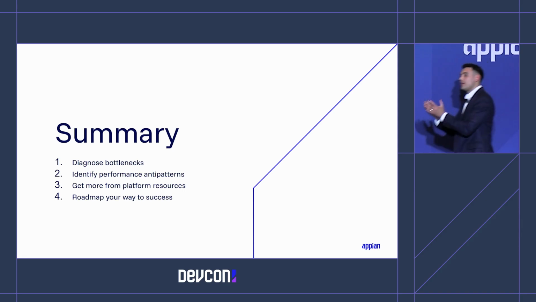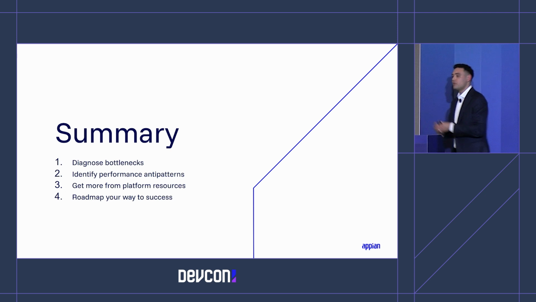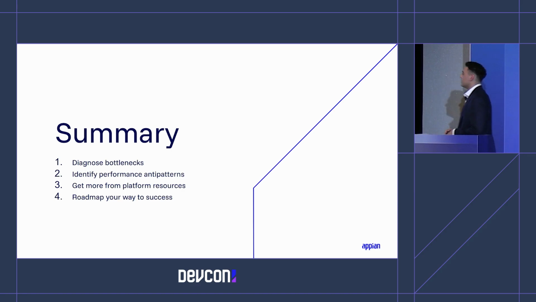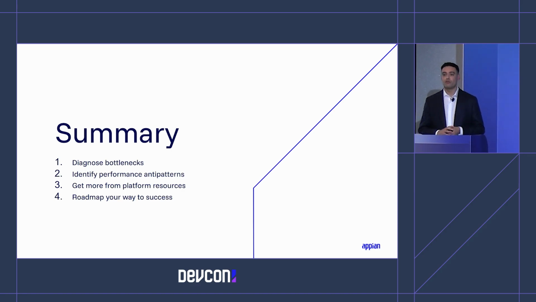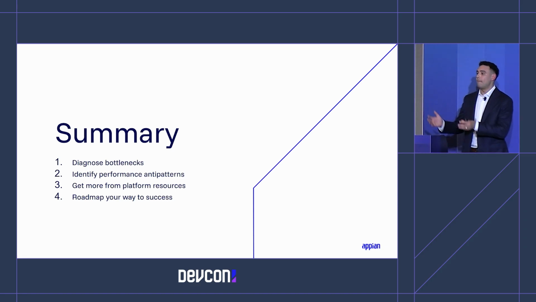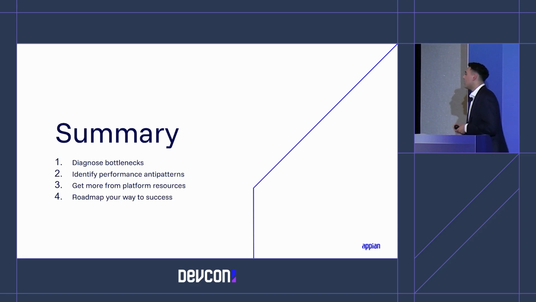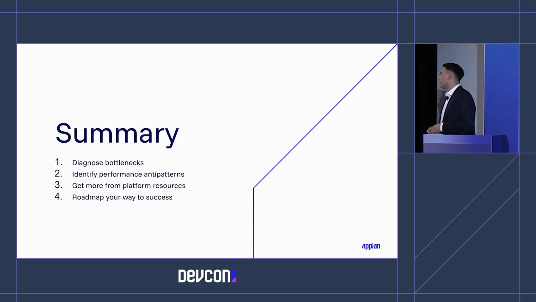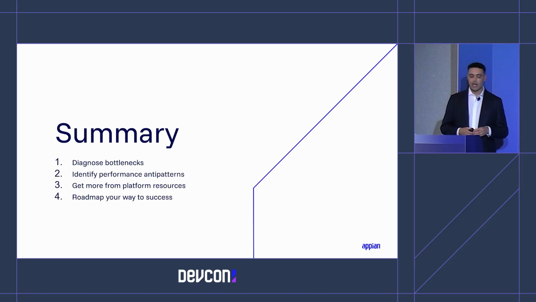Of those objects identified as problematic, is there any opportunity to refactor them? Are there any design or performance anti-patterns in there? We've looked at how to get more out of the resources you already have. Is there opportunity to scale horizontally before scaling vertically? And finally, some implementation tips to build a roadmap that will help you succeed with your business and your product owners.